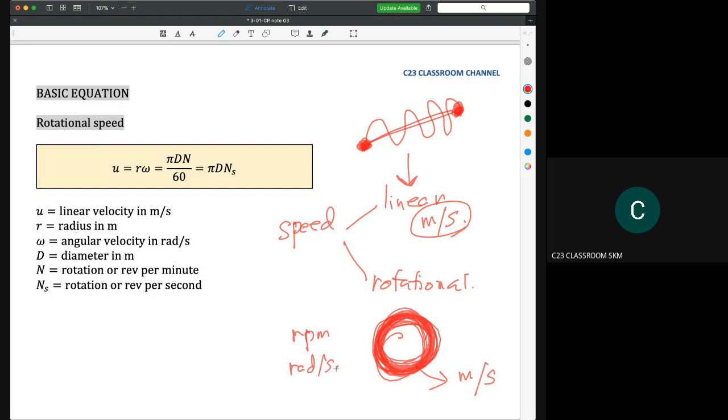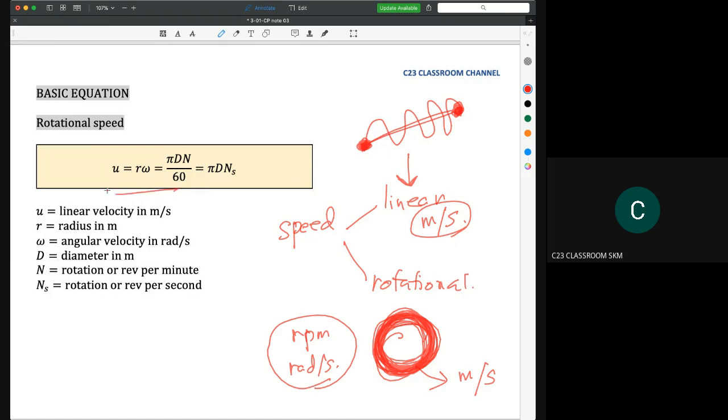Okay. So in centrifugal pump problems, we will use both velocities. Sometimes we will use linear velocity and sometimes we will use rotational velocity. So that means you need to know the relationship between these velocities.